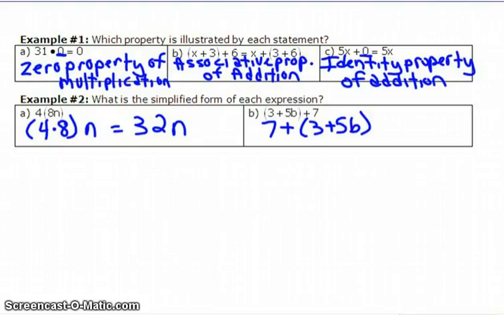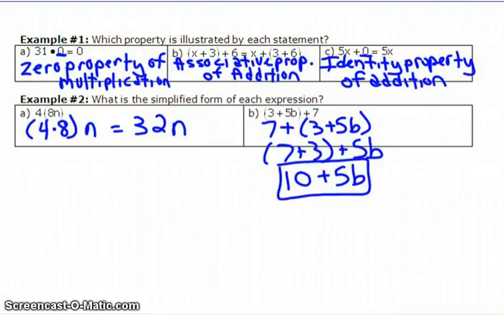And after that I can use the associative property to change where the parentheses are, so change my grouping. Now I can add 7 plus 3, which is 10. I can't add the 10 and the 5b together because they're not like terms. This has a variable, this doesn't. But this would be my answer.